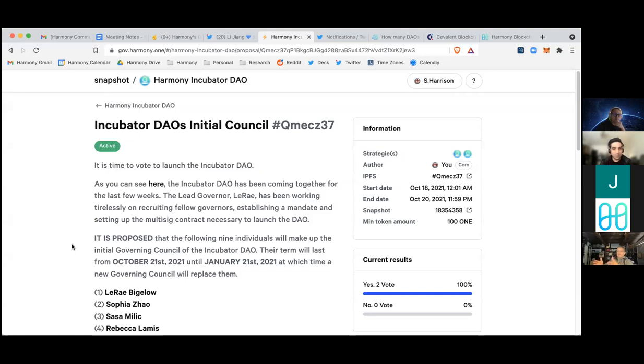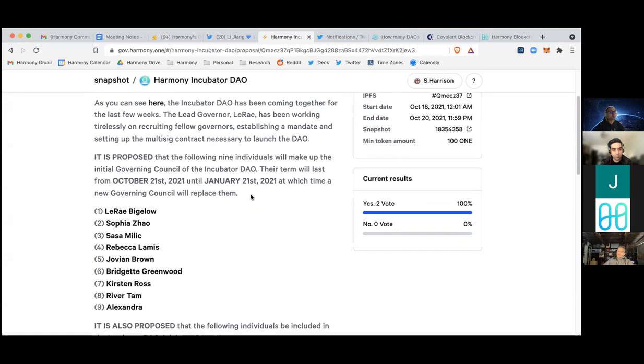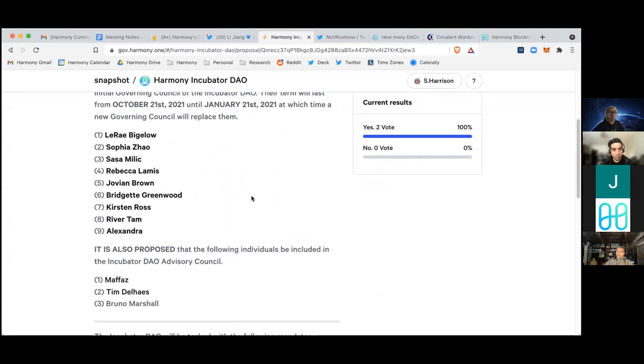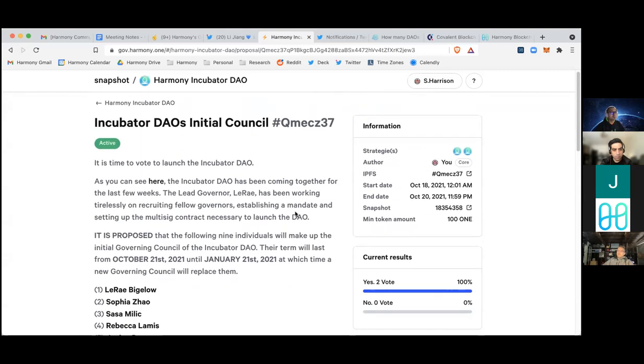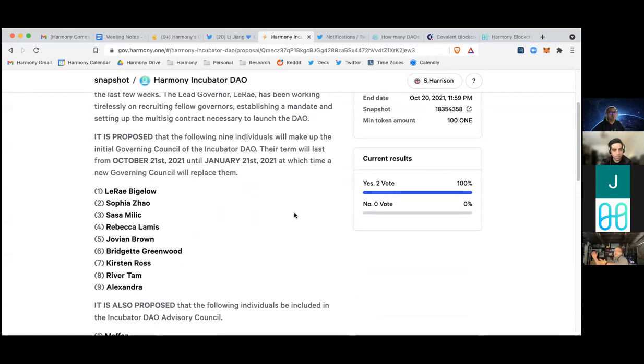Anyway, so now you should see the Incubator DAO snapshot. So this went live midnight last night, and so the incubator vote is up. Everyone can go in there and vote however they want to vote. You don't have to vote yes, although if you don't vote yes, then I'm going to come and beat you silly. This one, we're running a little bit differently than the other DAOs.